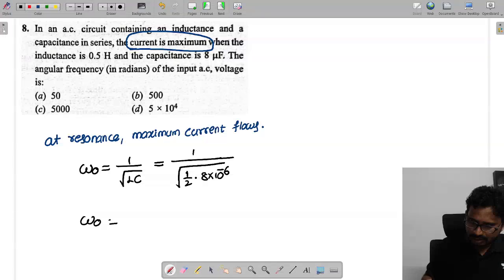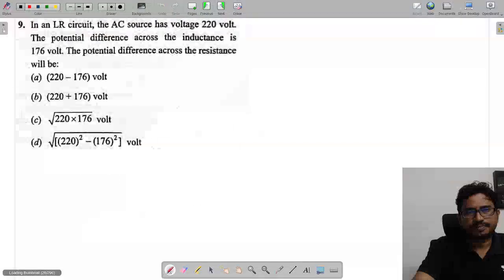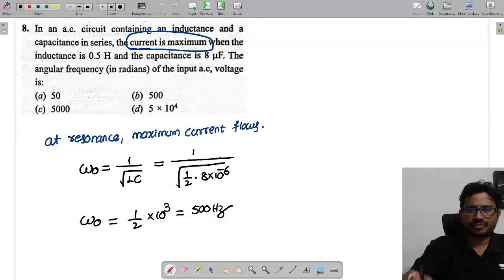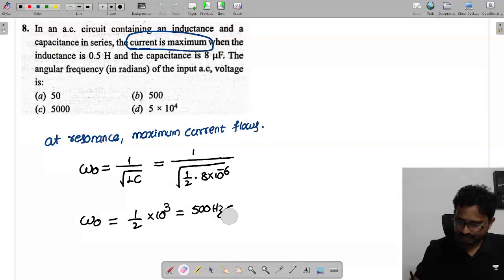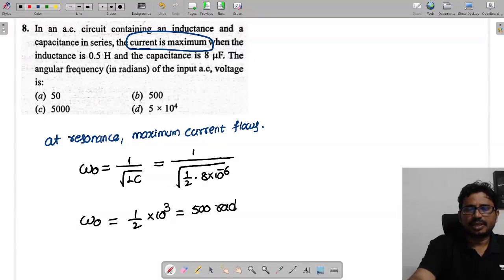So this omega naught will come to 1 by 2 into 10 cube, which is equal to 500 radians per second. Angular frequency.